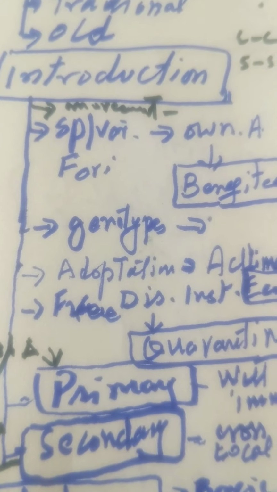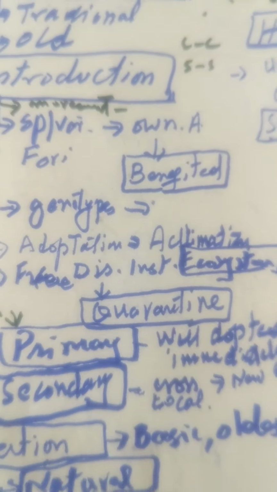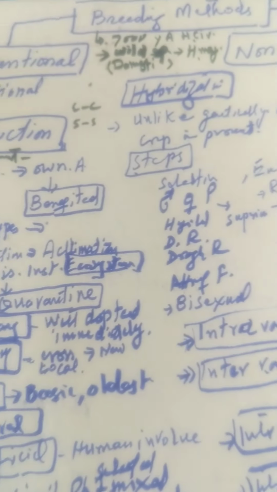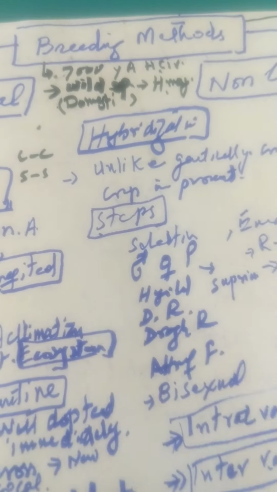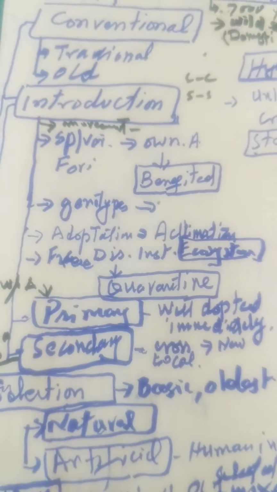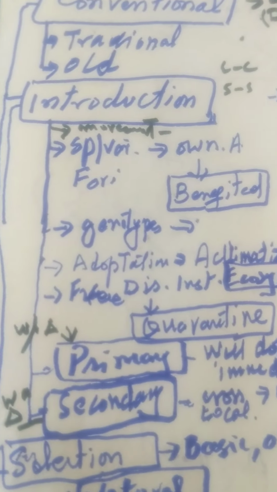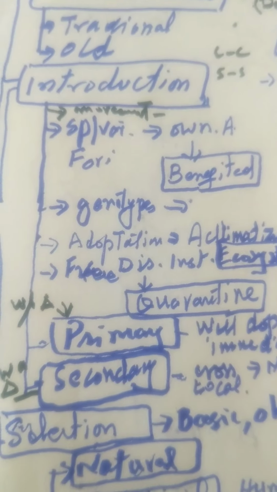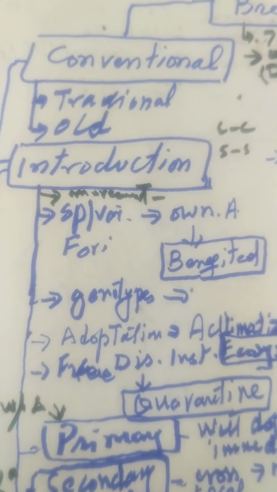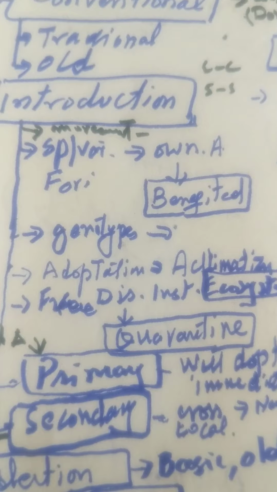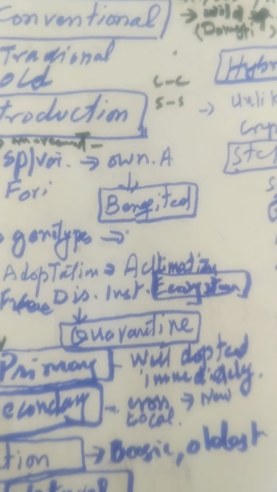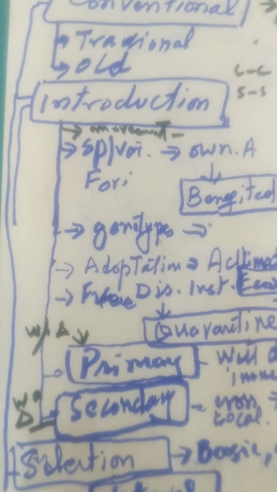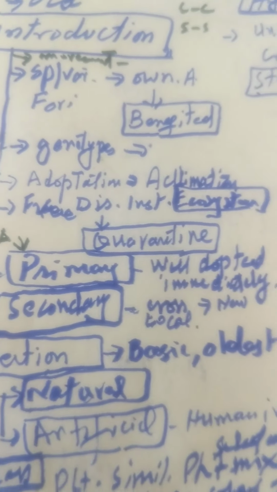If it is superior, then it is adjusted or adapted. If it is adapted without any change in its genotype, it's called primary introduction, and if it's adapted after a change, it's called secondary introduction. When adapted without any change in a new environment, it's also called acclimatization. So this was all about introduction.